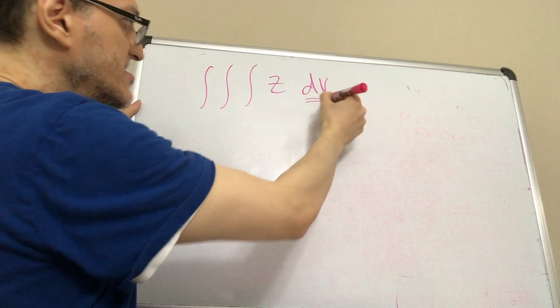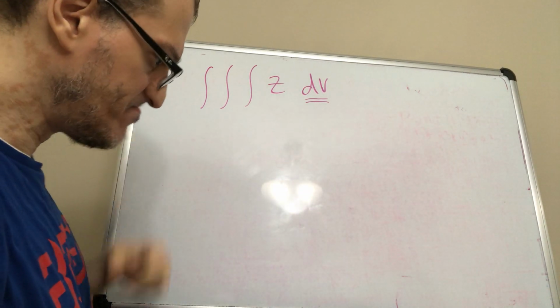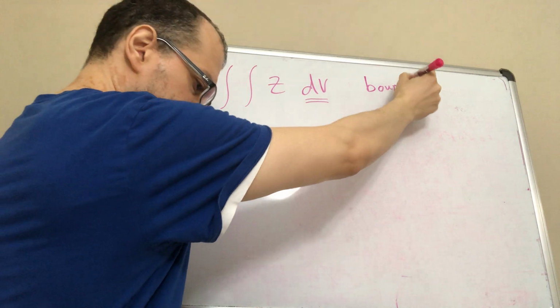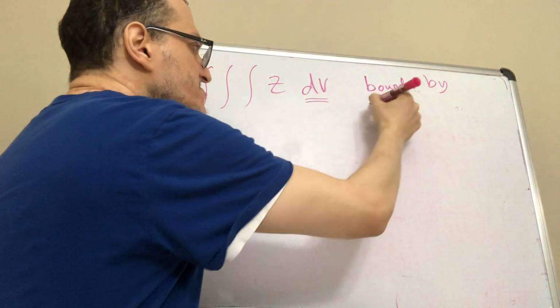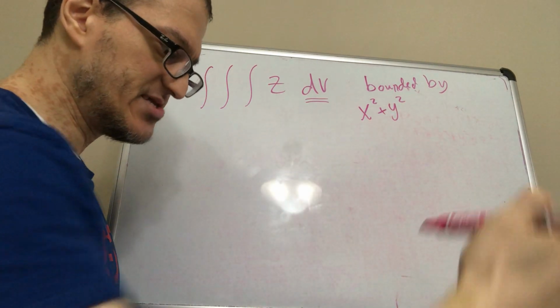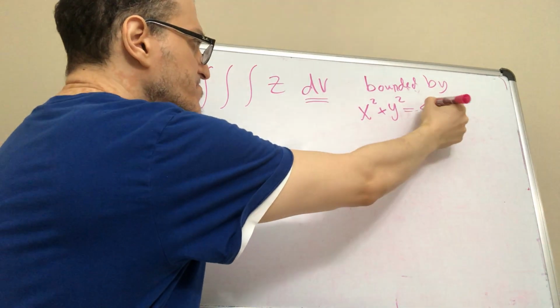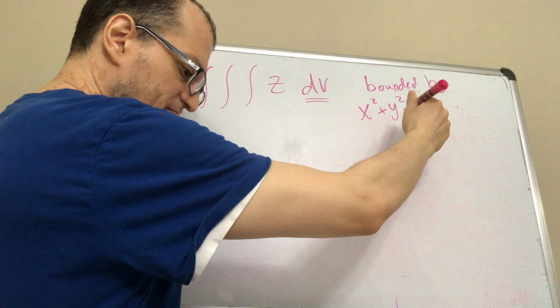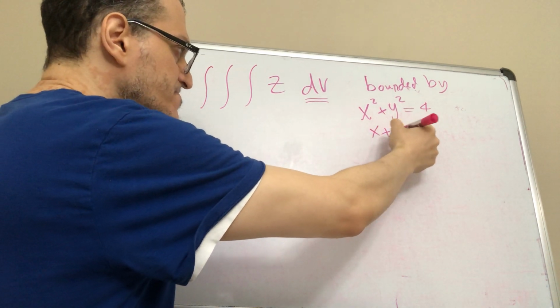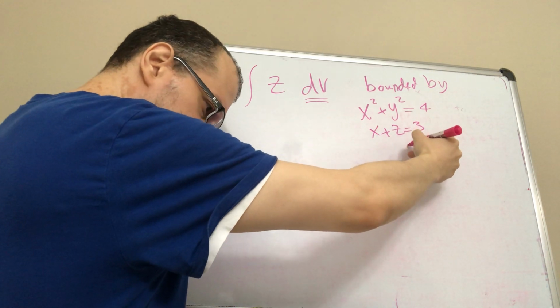Remember, you'll see the dv, and they tell you it's bounded by, again, x squared plus y squared. That's an indication of radius. And z equals 3 minus x and z equals 0.